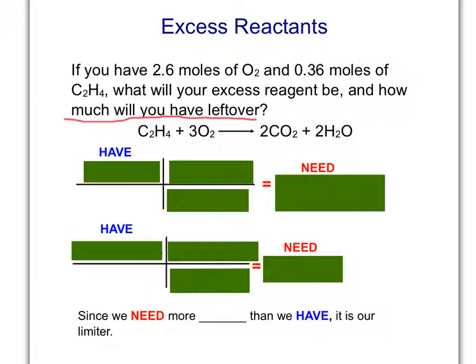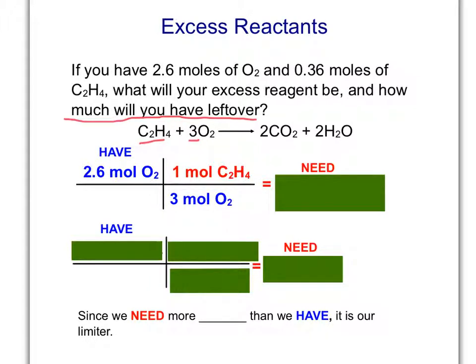First, let's start off with our O2. So we have 2.6 moles of O2. There is 3 moles of O2 used for every 1 mole of C2H4. So in this case, if we go through and solve for these, we have 3 moles of O2 per 1 mole of C2H4, and we find that we would need 0.87 moles of C2H4.